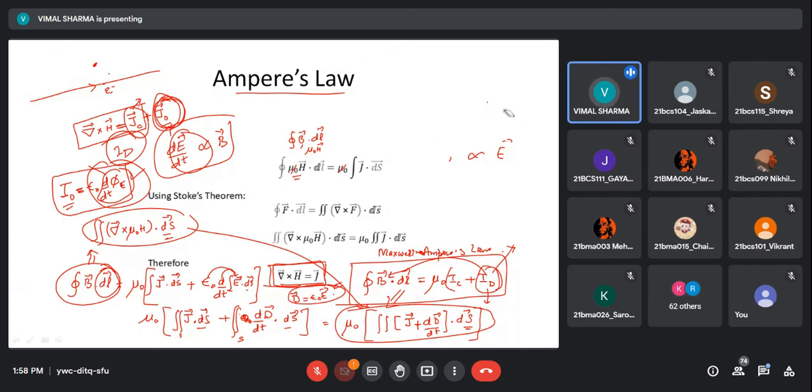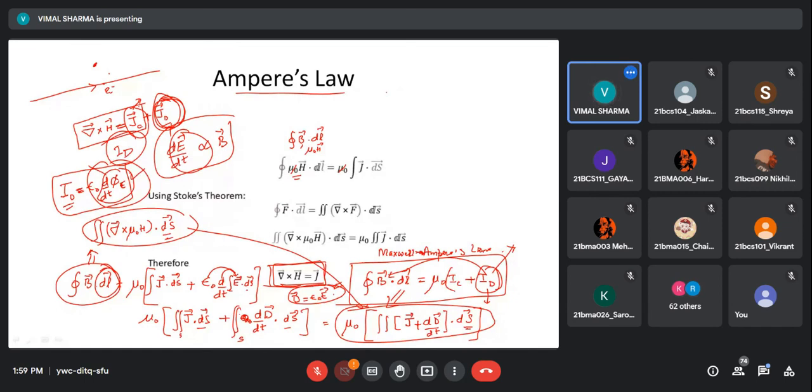I can write Maxwell-Ampere's law in differential form, which will be the fourth equation, Maxwell's fourth equation, and that will complete the pool of four equations.